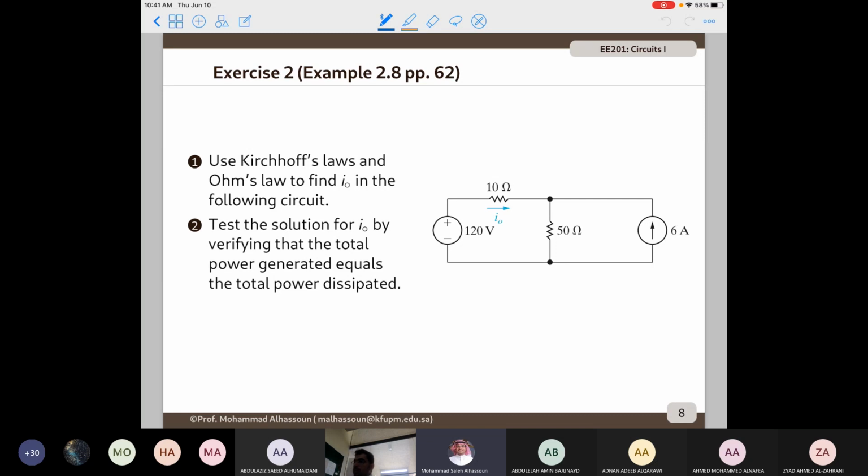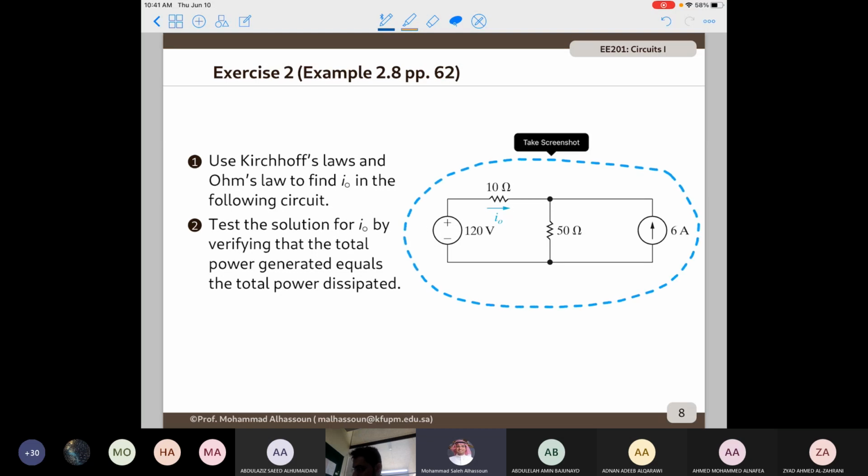Now we want to actually solve the circuit, which means that we need to find the voltage and the current. Let's start with this example. We have a circuit with two sources, and we are asked to find I naught. Let's see how to find I naught.